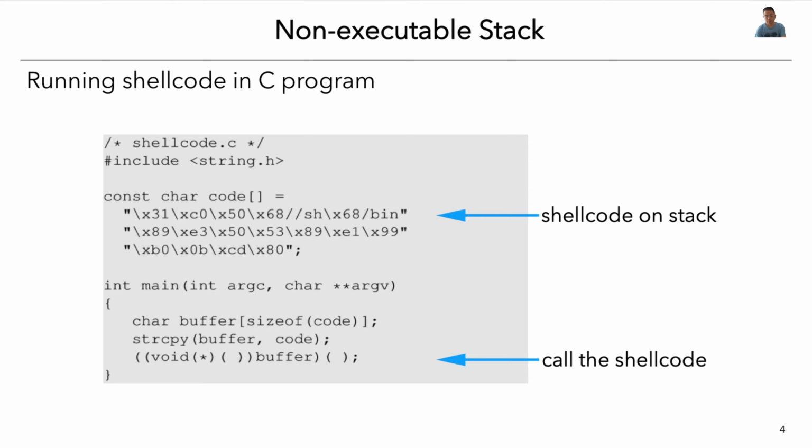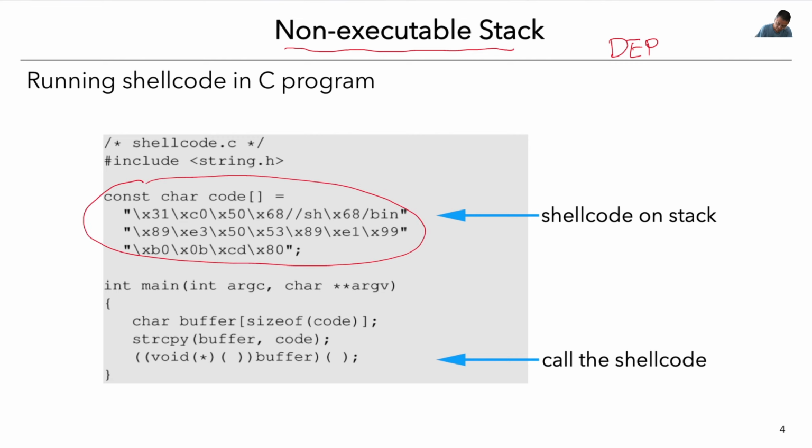So in project 1, we have mentioned there is a method to prevent buffer overflow exploits by using something called a non-executable stack or the data execution prevention. So here is a test program. To run the shell code in the C program, this part is our shell code.